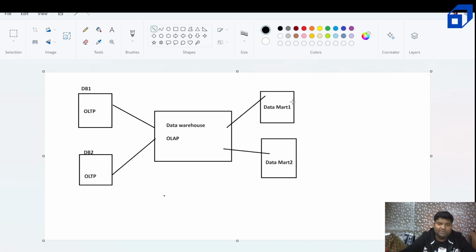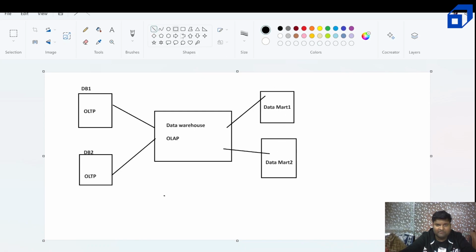Because I only want to perform analysis on HR and sales, not on IT. So I can build different data marts which are similar to a data warehouse. It's a small scale data warehouse with respect to a particular functional area. These are called data marts.